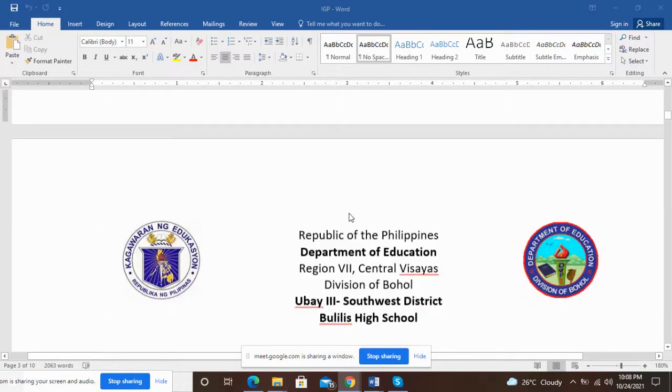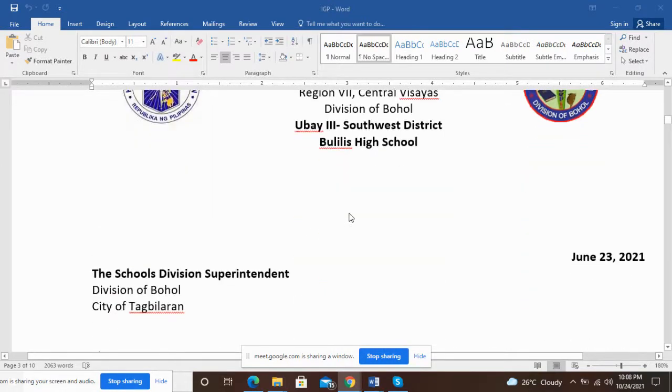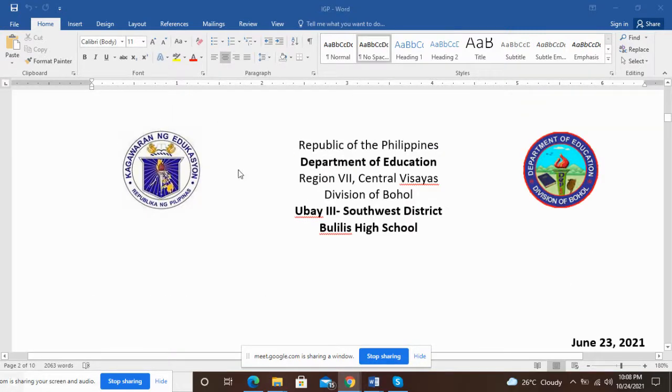We have here a letter of intent to your division superintendent, and make sure that the Department of Education logo will be on the left part, and your division logo will be on the right part. That's the template for putting logos on your paperwork.